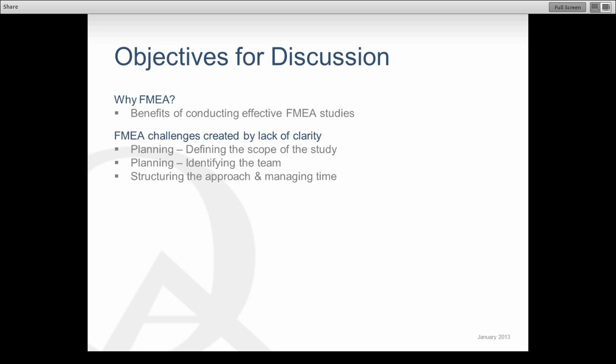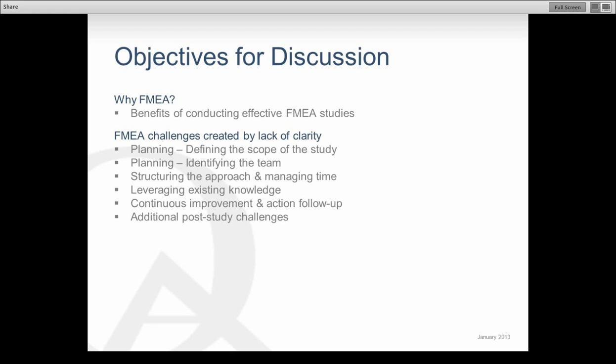Structuring the approach of the document creation process itself, and managing our time, and those are one and the same. And we'll talk about two different approaches. Both are structured, but one of which might be more efficient for creating FMEAs. And we'll talk about both during today's call. We'll talk about how to leverage existing knowledge and the benefits that brings. We'll also talk about the importance of continuous improvement and action follow-up.